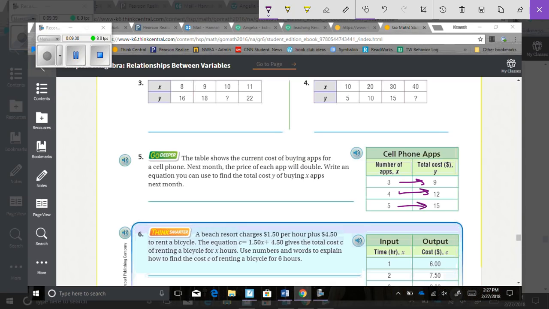So I'm just going to double that. Instead of multiplying by 3, I'm going to take 3 times 2, which is 6. So now I know that y next month will equal 6x, because it will double. This month was y equals 3x. I just doubled that number before the variable.